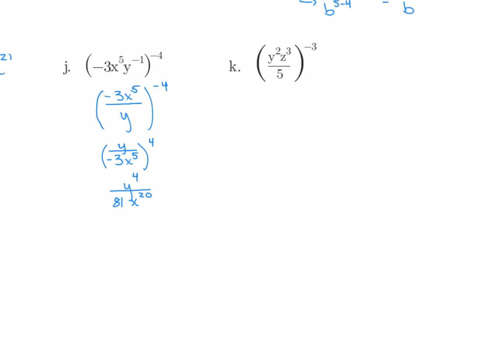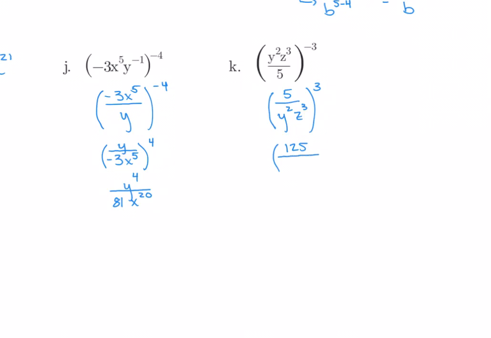All right, let's try another one like that. Let's look at example K. Again, the first thing that I'm going to do is take the reciprocal of the inside, and I'm going to change my outside exponent to a positive. From there, I can distribute my cube to everything inside the parentheses. 5 cubed, you should get 125.